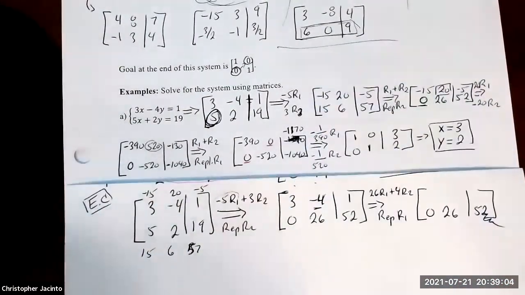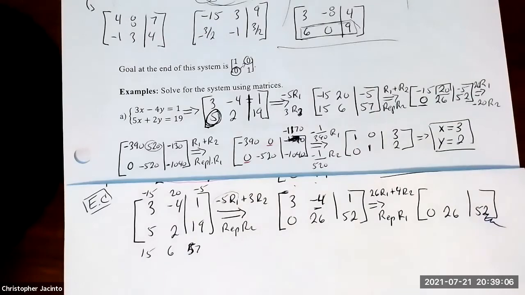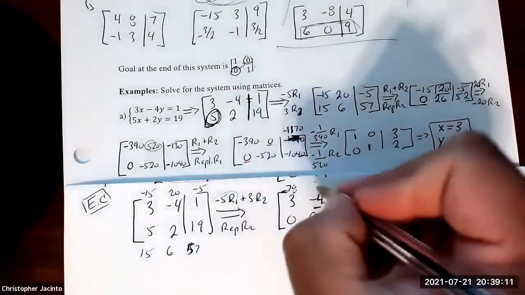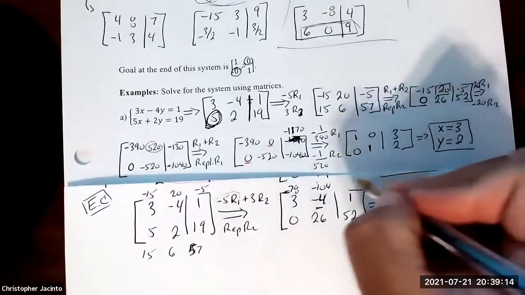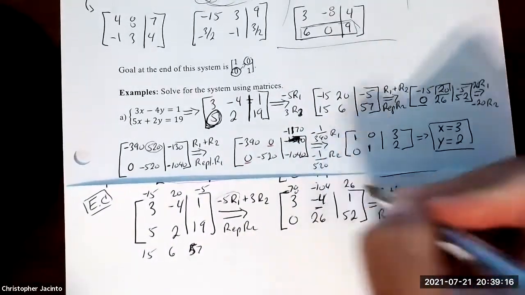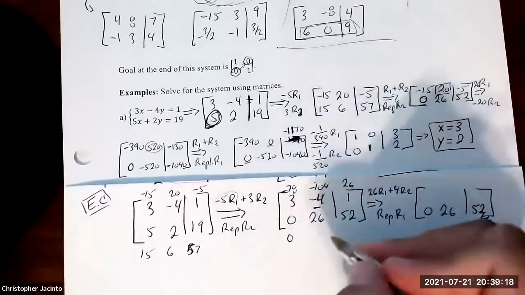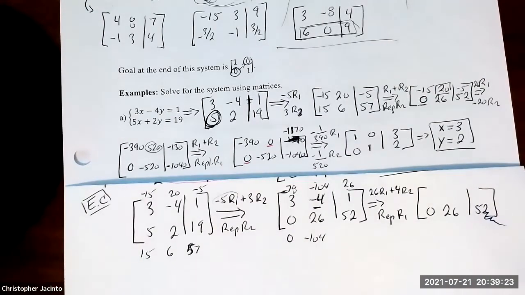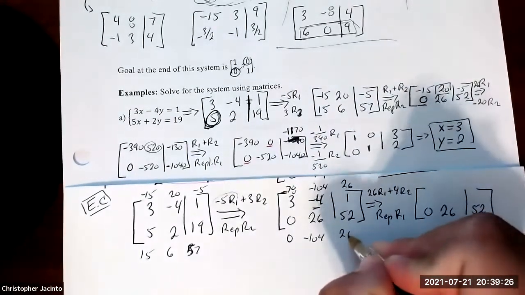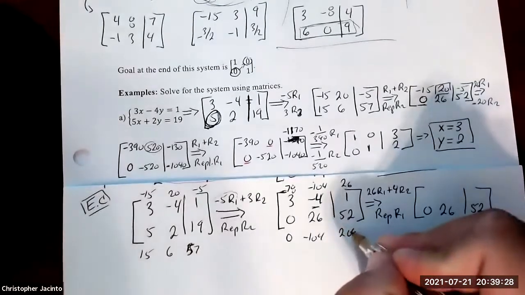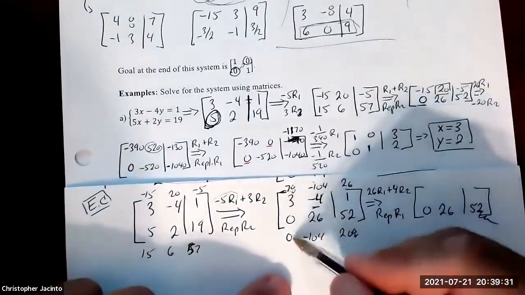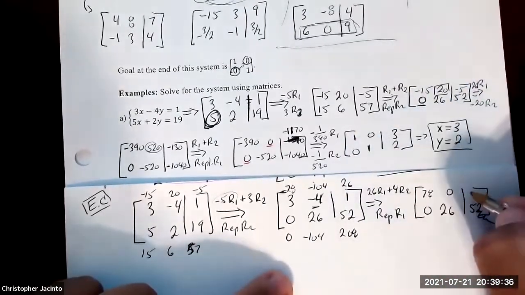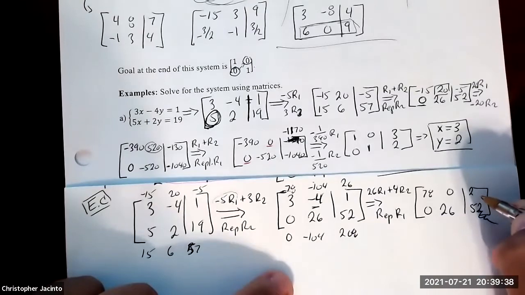So 26 times 3 is 78. And just the opposite, that gives me 78. That's 0. And this gives me 234.